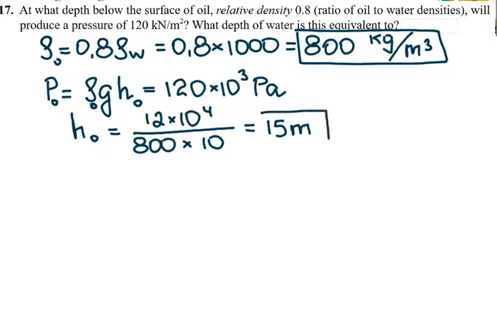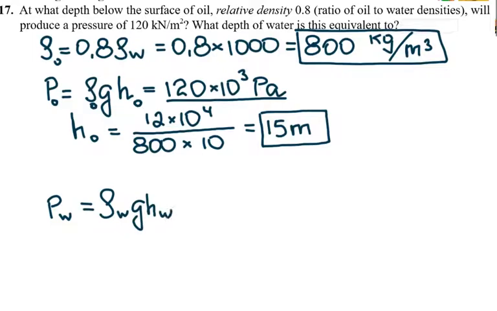Also on the AP exam, you can use g as 10 or 9.8, it's up to you. And now I want to figure out what depth of water will produce the same pressure. For the pressure of the water, it's the density of the water times g times h of the water.